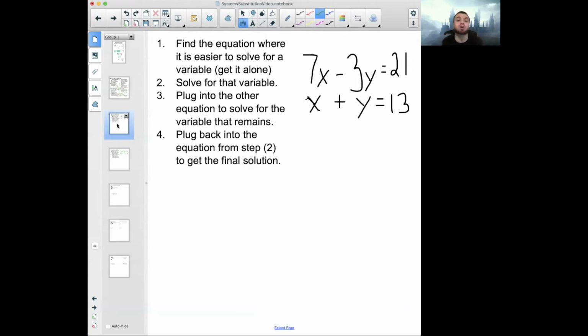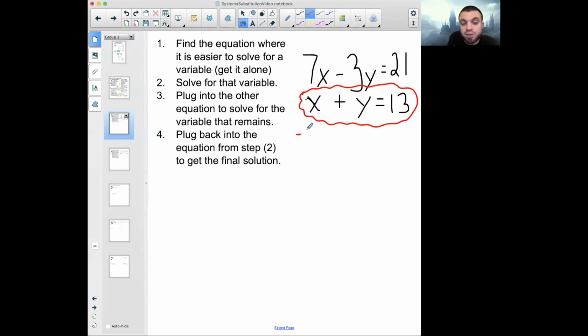There are many correct ways to do this problem. I'll talk about that as I go on, but I'm going to start by getting y alone. If you look at the bottom equation, x plus y equals 13, one thing we notice is that it would be relatively straightforward to get y alone.